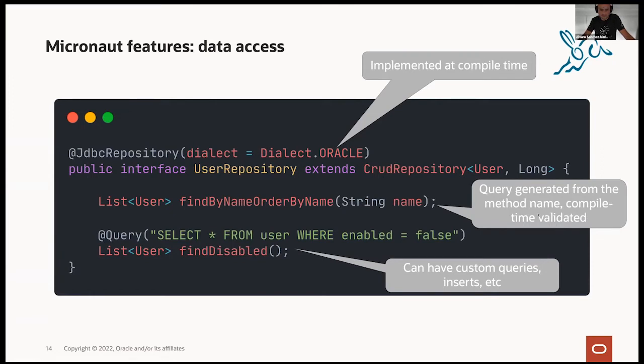So we compute the queries at build time based on the dialect, which is specified here, based on the method name, and you always have the ability to customize anything, like introduce custom queries, or even there is an API where you can programmatically run anything you want. So the level of customization is up to you.